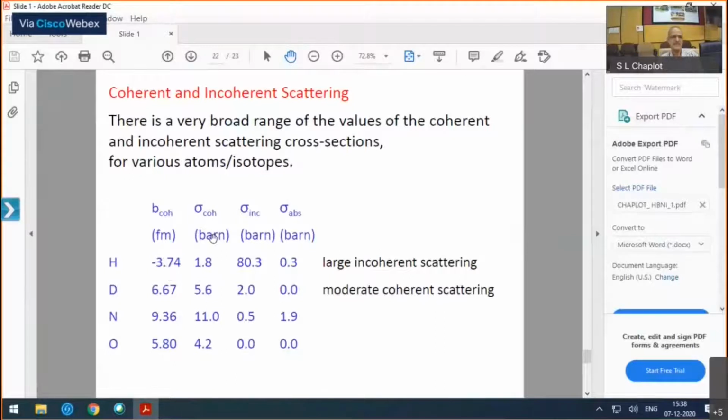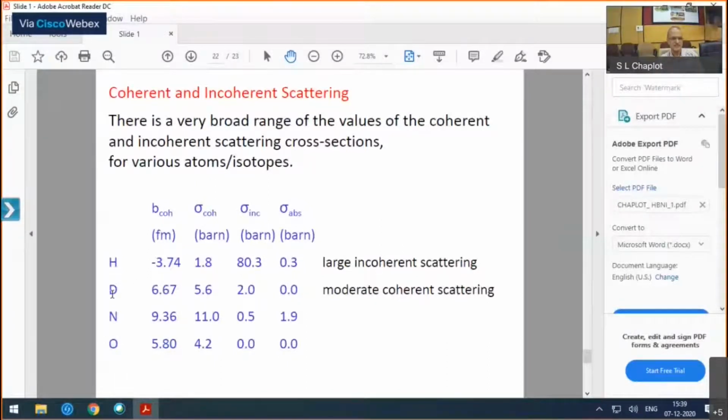On the other hand, for a specific isotope, the coherent scattering cross section is 1.8 barn, which is 4 pi times b square, and the barn is 10 to the power minus 24 centimeter square. But here the incoherent part is extremely large: against 1.8, it is about 80, so more than 40 times bigger. The absorption cross-section is negligible compared to these numbers.